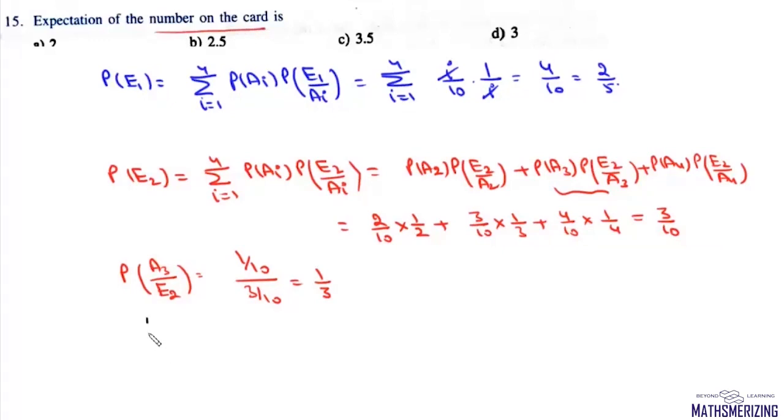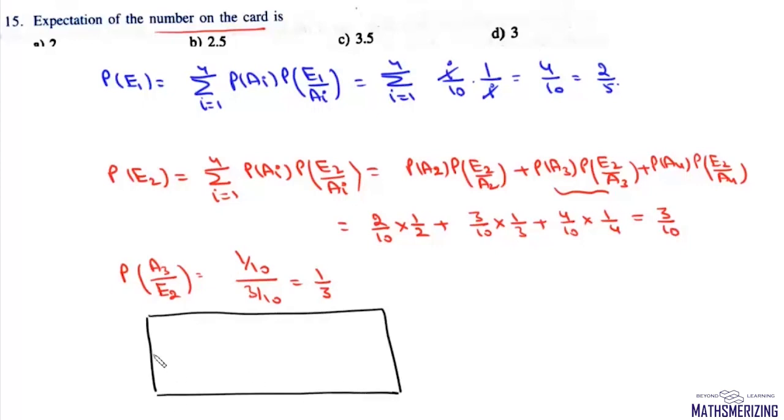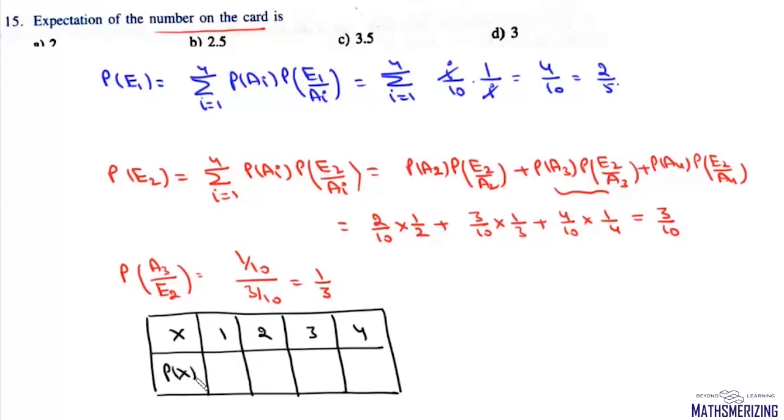Now the next one is, find the expectation of the number on the card. Now the number on the card could be either 1 or 2 or 3 or 4 and their corresponding probabilities. Now if the number is 1, this probability is 2 by 5 or simply 4 by 10. Now for E2, it is 3 by 10.